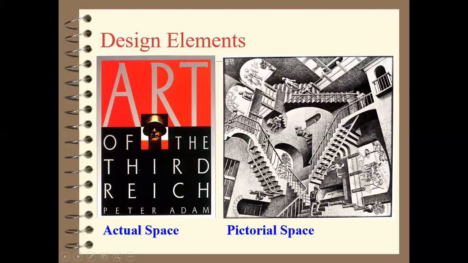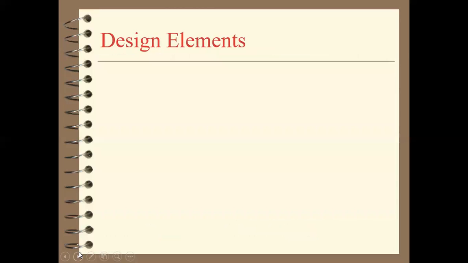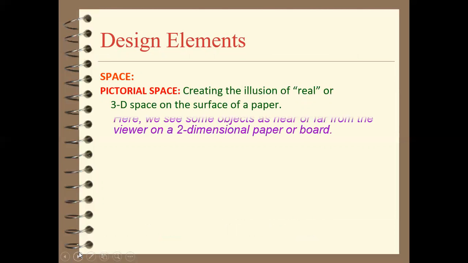So examples of actual space. So it's the cover of a book, and this is a drawing with illusion of depth. Okay. And we have the pictorial space. So it's creating the illusion of real or 3D space on the surface of a paper.